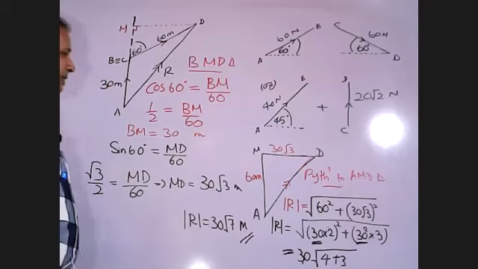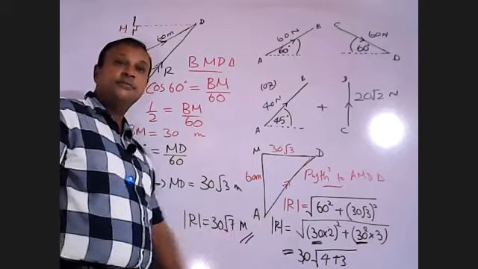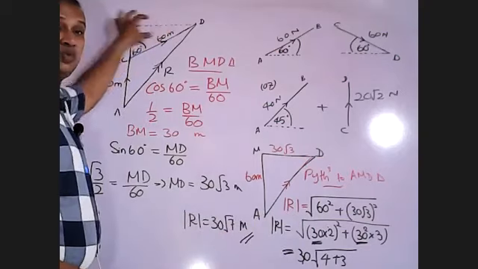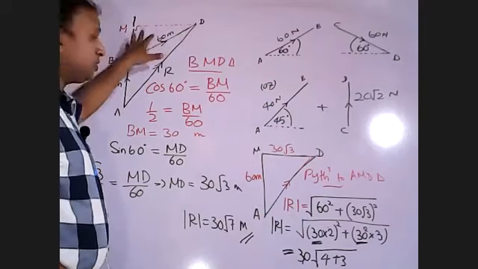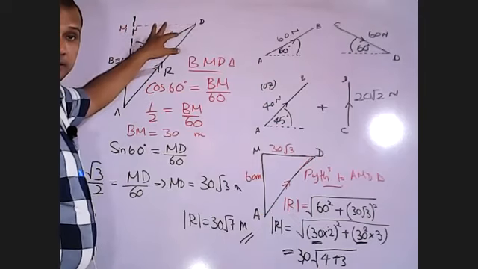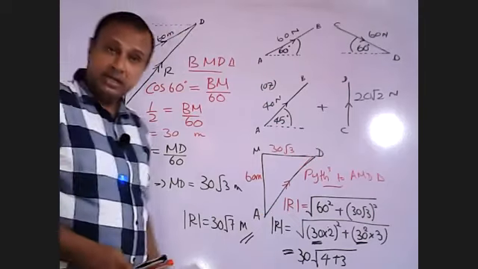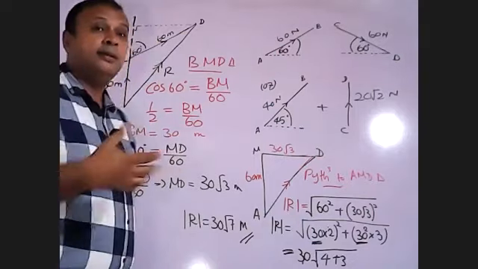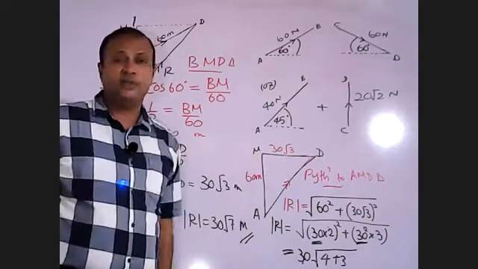The second thing is how I find these two values using this right angle triangle. I think we have done this kind of question: how to find unknown lengths of right angle triangles.